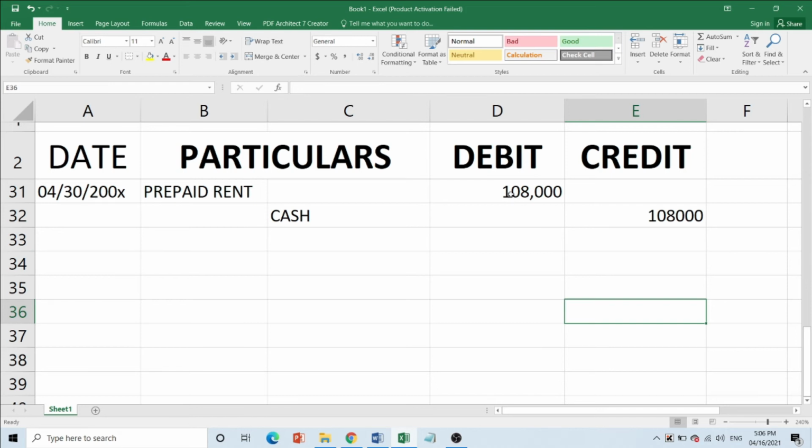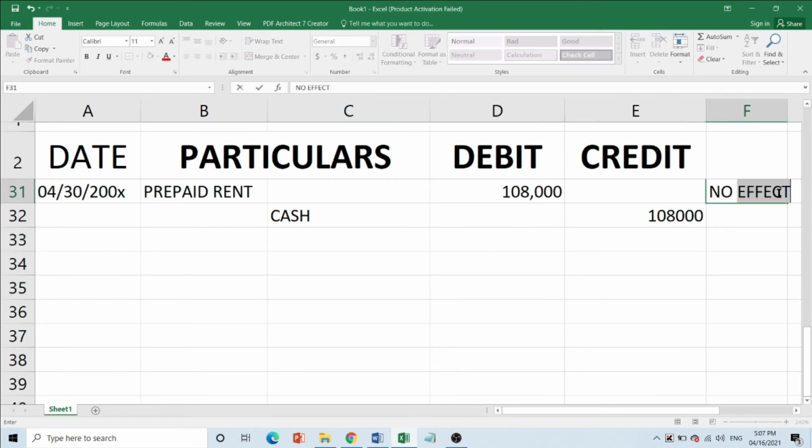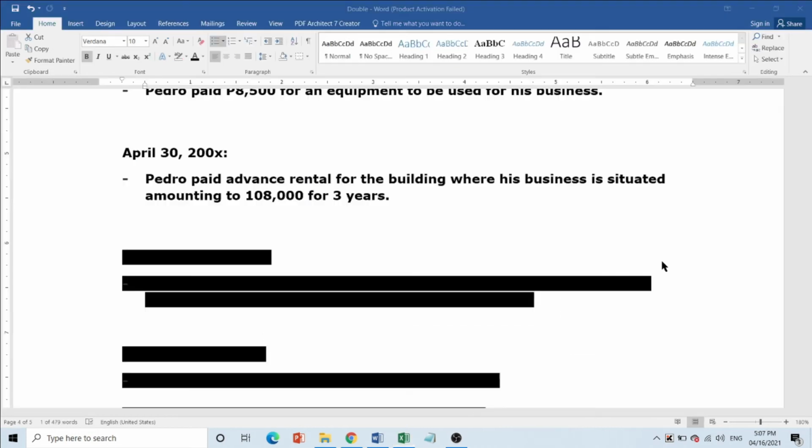Debit mo is 108,000 increase, credit mo 108,000 decrease. Net effect to the accounting equation natin, that is no effect. Tama? Increase, decrease, 0.